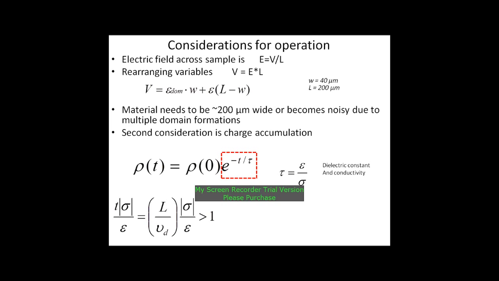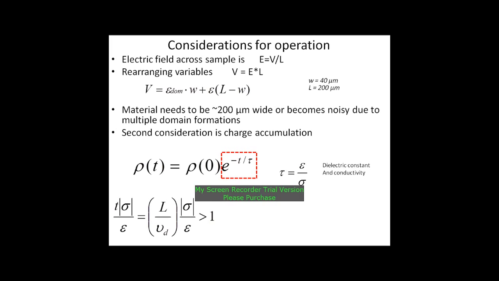Now, we know that the frequency of operation in the last slide was equal to the drift velocity divided by the length. So that means the time for the domain to go across the sample is equal to L divided by the drift velocity.